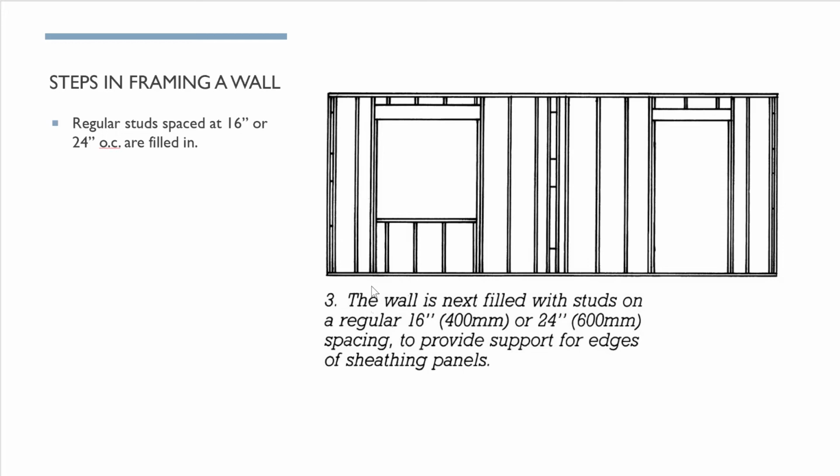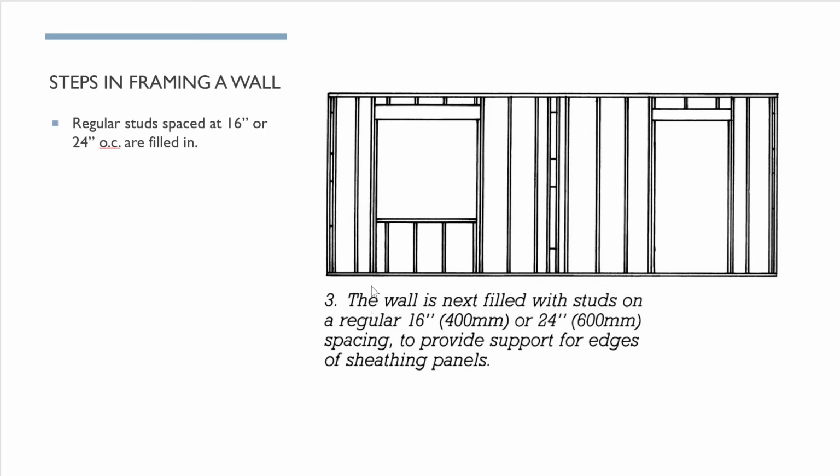I can place them a little bit further apart. So if you work for a framer or a builder that uses 2x6 construction, the typical spacing for that is 24 inches on center. And on center means from center of stud to center of stud, so right in the middle.